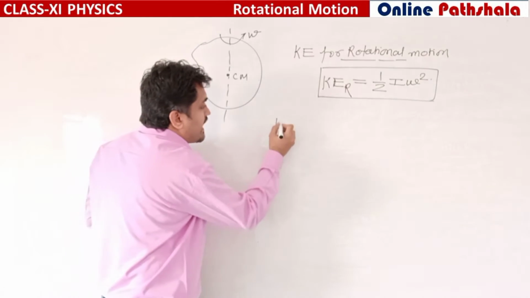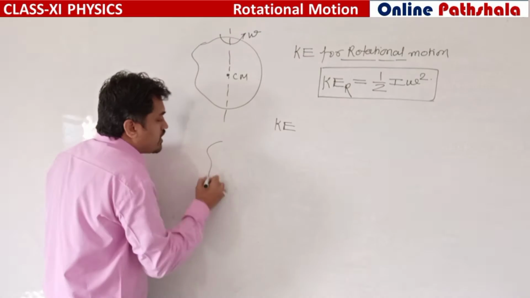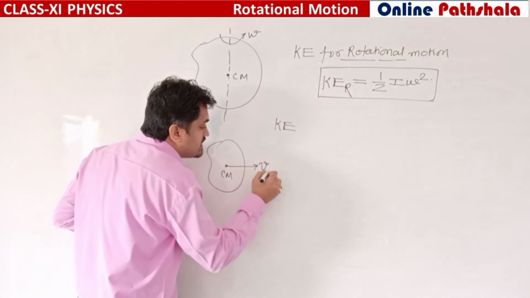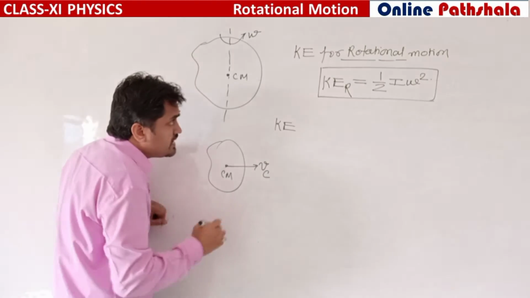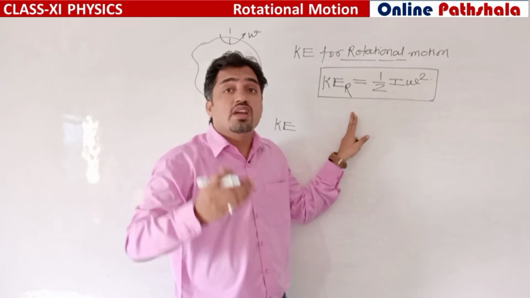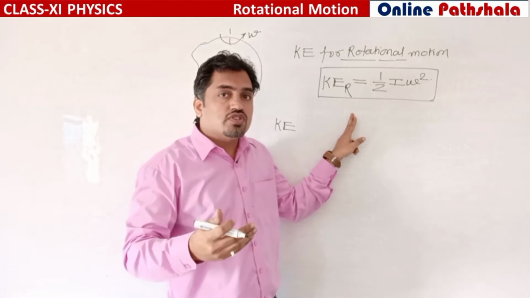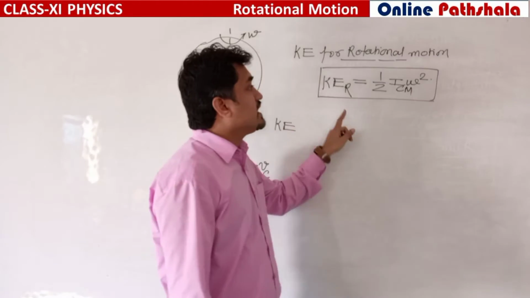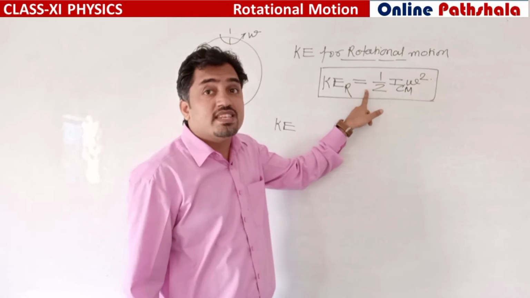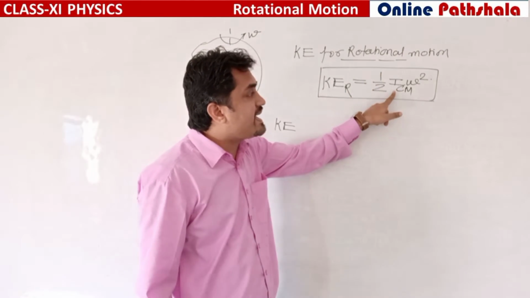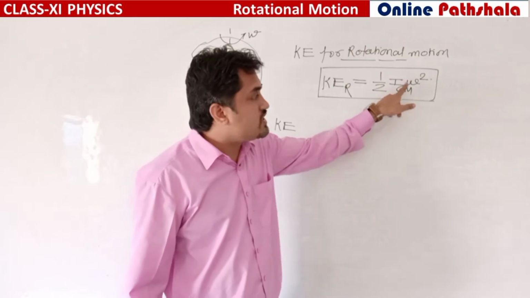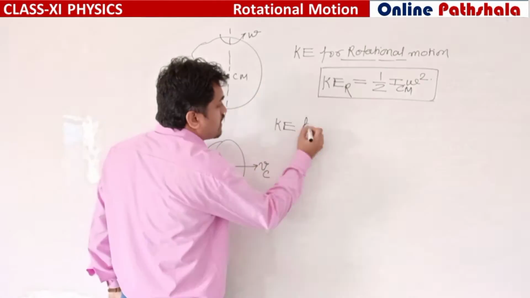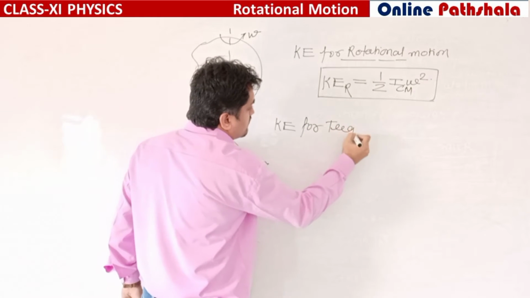Let us consider this body and the center of mass, this body is moving with velocity vc. In this case, for the kinetic energy for rotational motion, we have to take the moment of inertia about the center of mass. So the kinetic energy for rotational motion is equal to 1 by 2 I about center of mass into omega square.